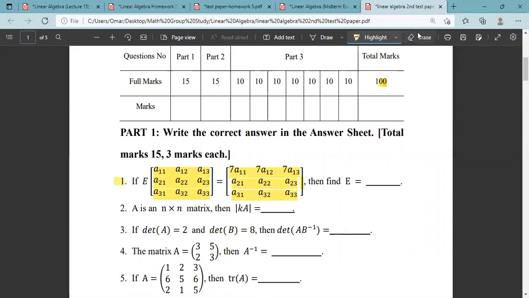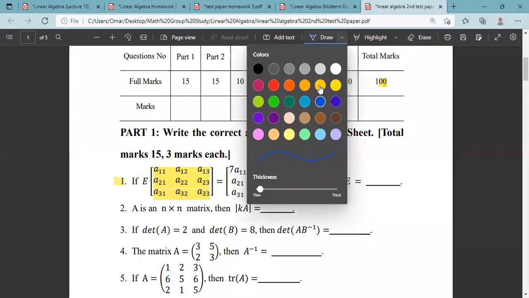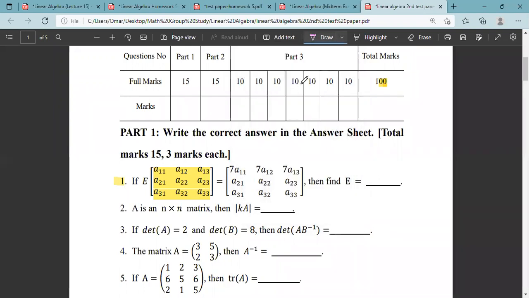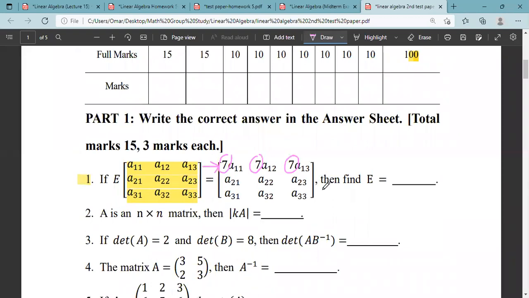If you look at the changes, the change is here, 7 7 7. That means we have multiplied 7 with the first row. So we have to find E.